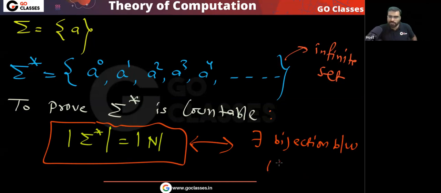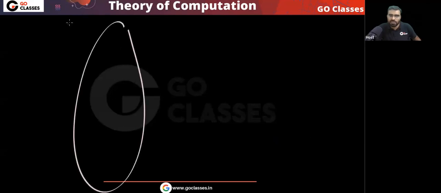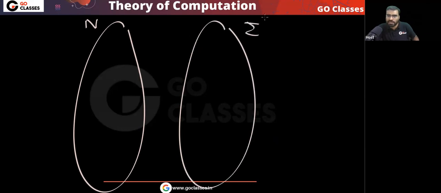Can you give a bijection, a 1-to-1 correspondence, between N and sigma star? Yes, quite easily. This is your sigma star: A power 0, A power 1, A power 2, A power 3, A power 4, and so on.